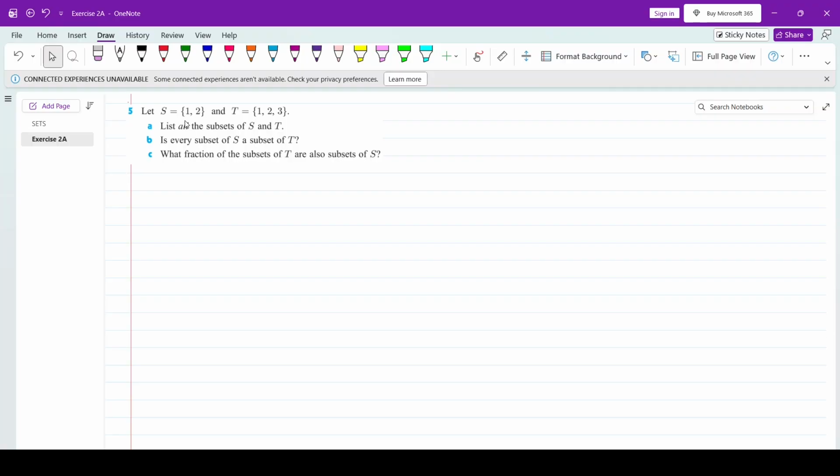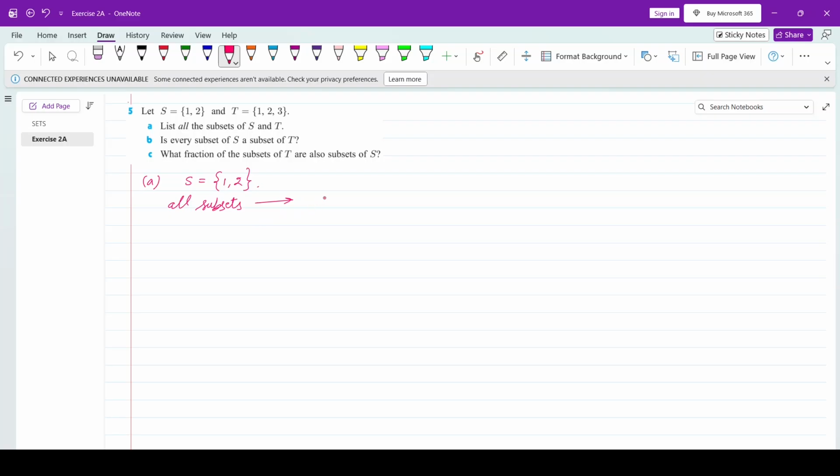Let S be equal to {1, 2}, T be equal to {1, 2, 3}. Now part A says list all the subsets of S and T. So the subsets of S and T will be, when we have S {1, 2}, all subsets will be, first there will be an empty subset, because the empty set is a subset of every other set.